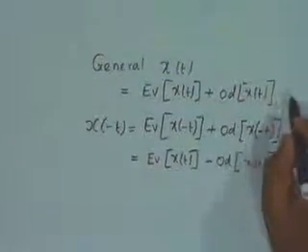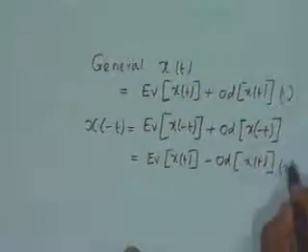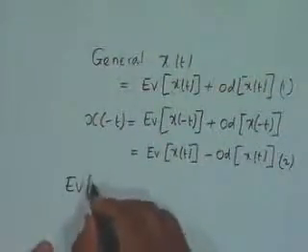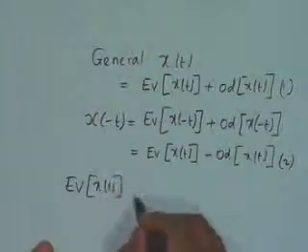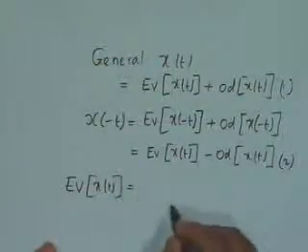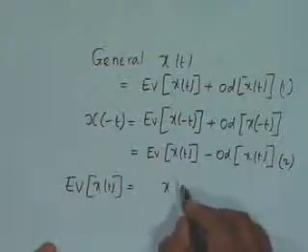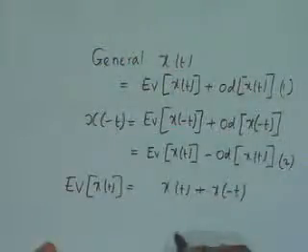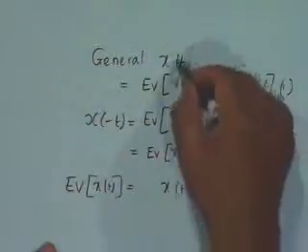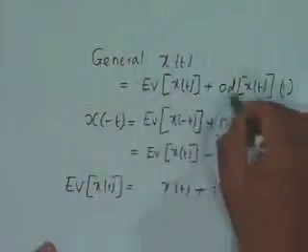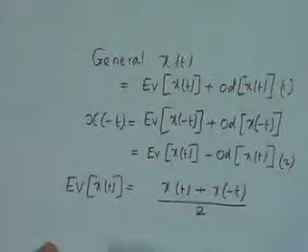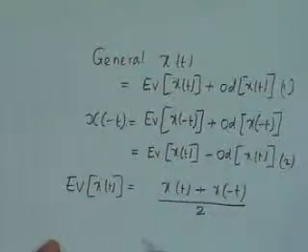And if I combine these two equations, 1 and 2, then you see that the even part of any signal x of t can be written as follows. If I add the two, x of t and x of minus t, then the odd parts cancel and I get twice the even part, and therefore I divide by 2.